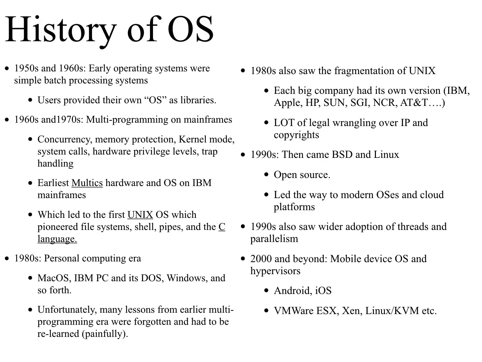Then came the early Unix operating system, which was the first operating system to be written in a high-level language, namely the C language, and this provided many higher-level abstractions such as file systems and interprocess communication, and the C language itself was a first in the Unix operating system.